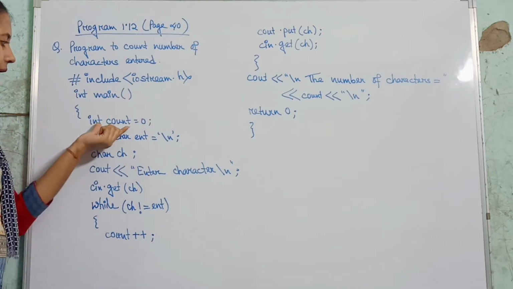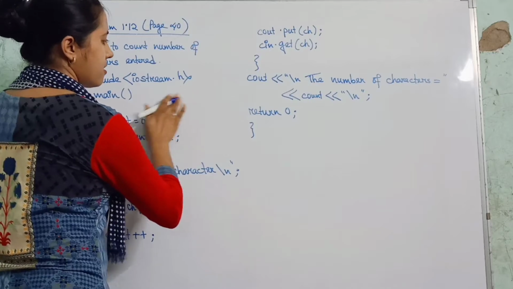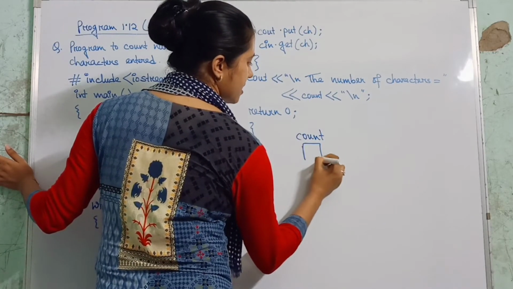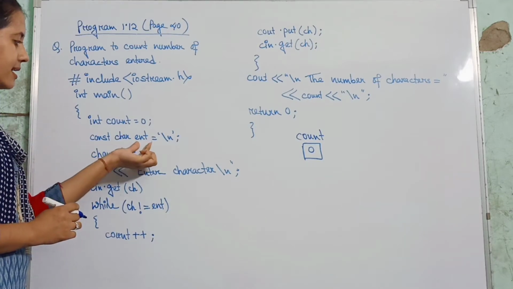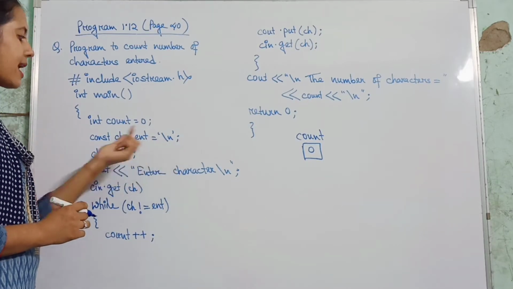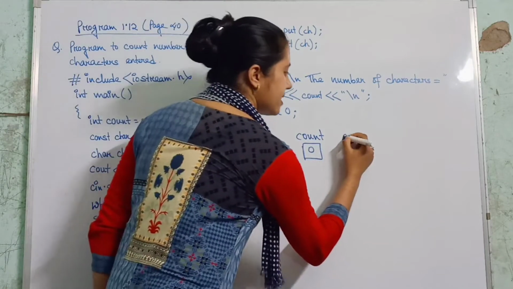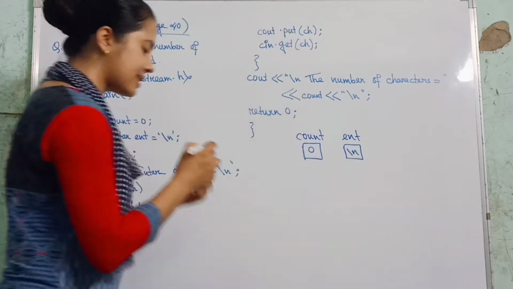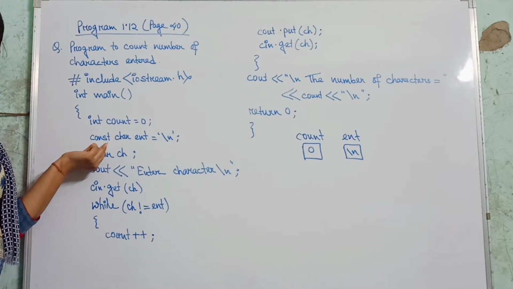Now int main, int count equal to 0. We have taken one count variable which is initialized to 0. Now const char ent equal to \n. We have taken one character ent whose value is \n. \n means what? Next line. So this is kept constant.